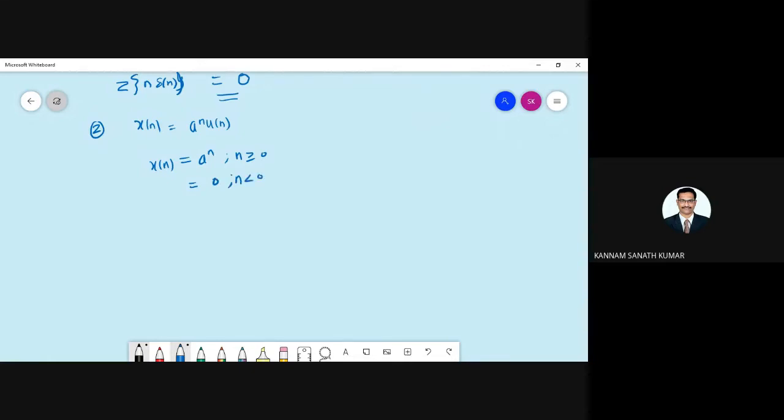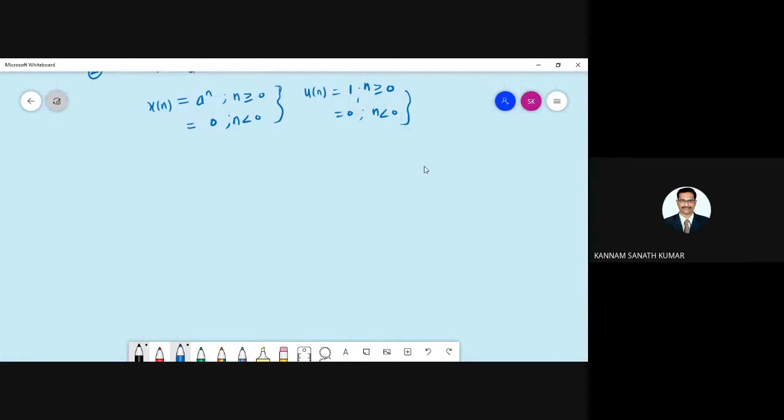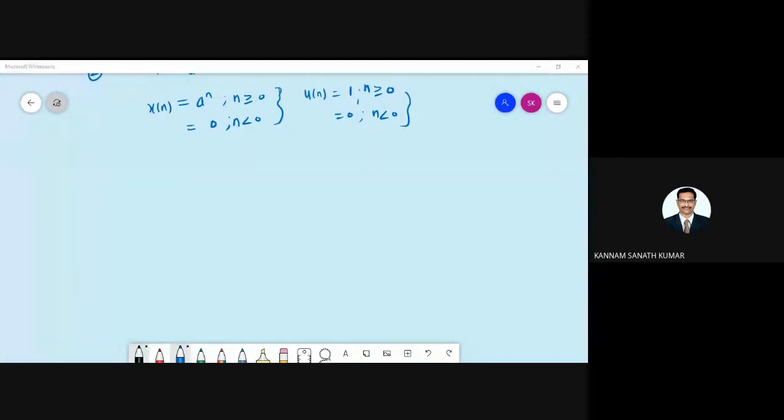Okay, so this is defined. Why? Because it is multiplied with u of n, so u of n equal to what? u of n equal to 1 for n greater than or equal to 0, and 0 for n less than 0. Okay, so you have to apply the Z transform.